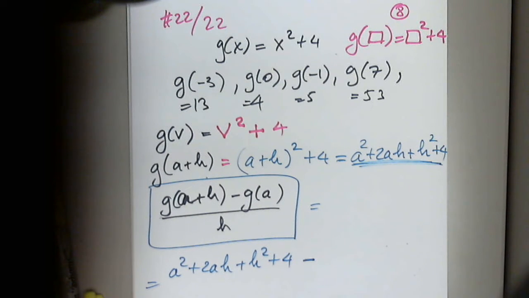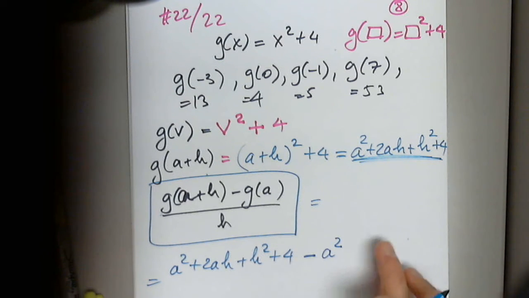What is g of a? Same thing, the pattern is right there. Whatever now is a. So what do I write? Yes, but I have to distribute, or put in parentheses.